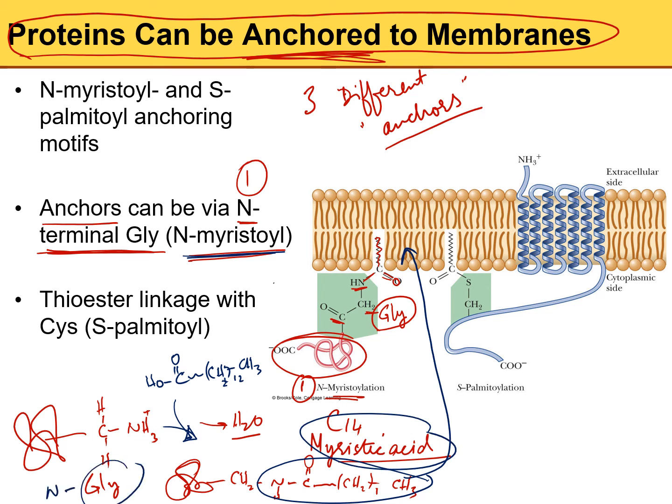The second one links an internal cysteine with palmitate. So you have a protein that has an internal cysteine, which has a CH2 SH side group, and this reacts with palmitate.